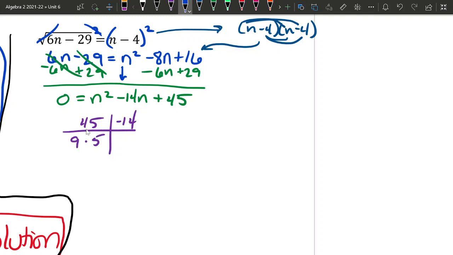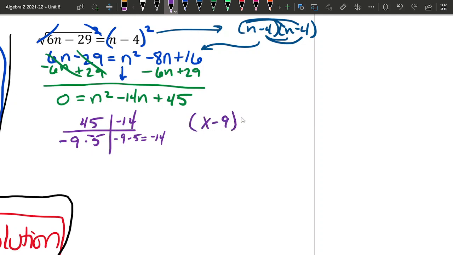So then I need to multiply to 45, add to negative 14. 9 times 5 is 45, but to get to a negative 14, I have to make them both negative. So negative 9 and negative 5. Negative 9 minus 5 is negative 14. So those factors do work.